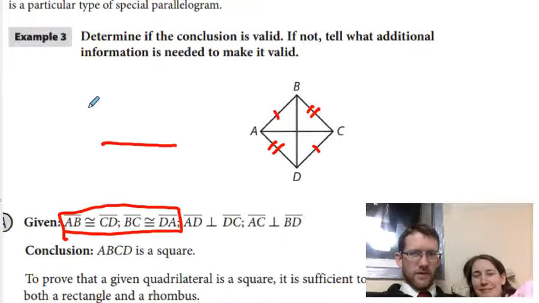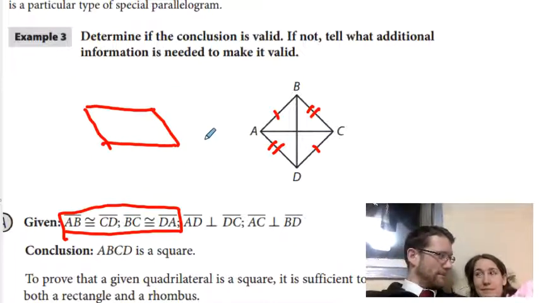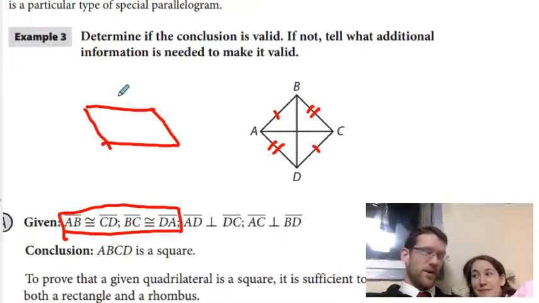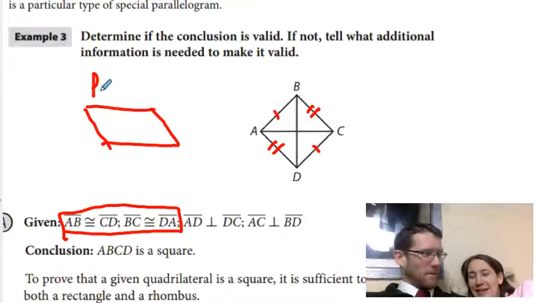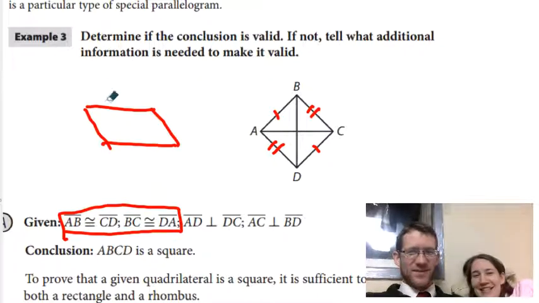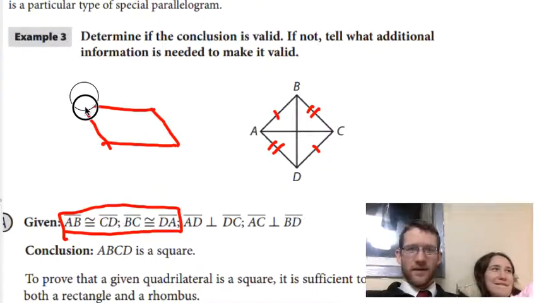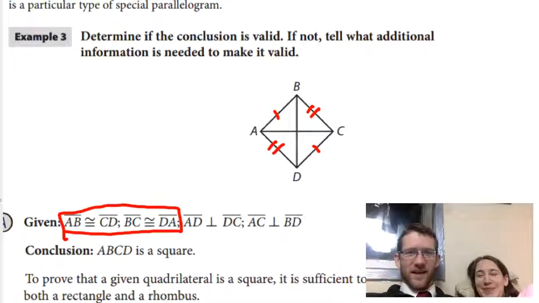So if I have a side of 3 and a side of 3 and then a side of 2 and a side of 2, it must be a parallelogram. So it's a parallelogram because we know that opposite sides are congruent.